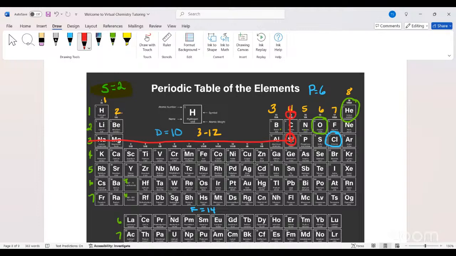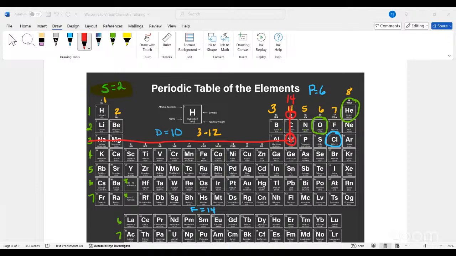So again, I found group 14, which was right here. Group 14 was right there. And period 3, I just kind of scrolled them over, and then they merged right there together.